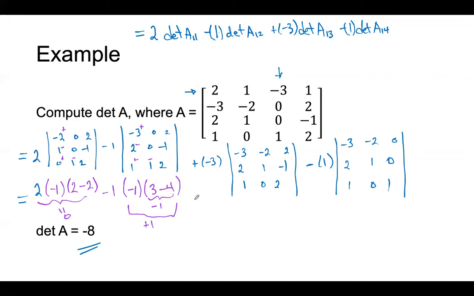The next part, there's only 1 0. So positive, negative, positive, negative, positive. So plus -3, just bring that down. 1 times, let's put brackets, 2 times -1, 2, minus 2.